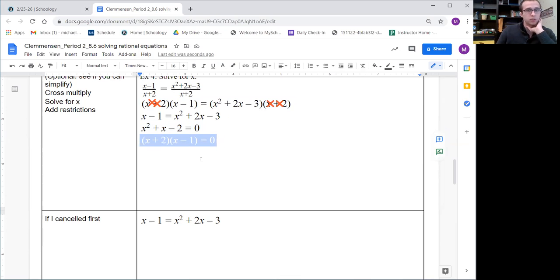I get x plus 2 times x minus 1. Break it apart. x plus 2 equals 0. x minus 1 equals 0. And solve. x equals negative 2. x equals 1.